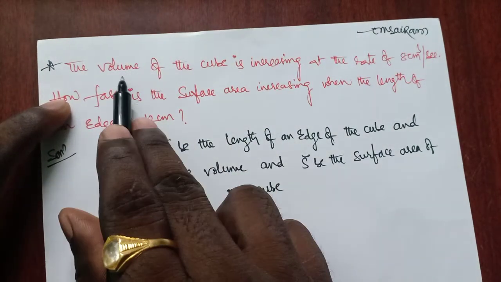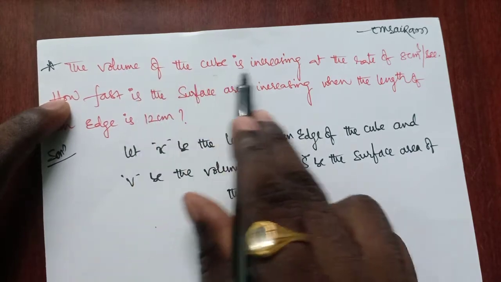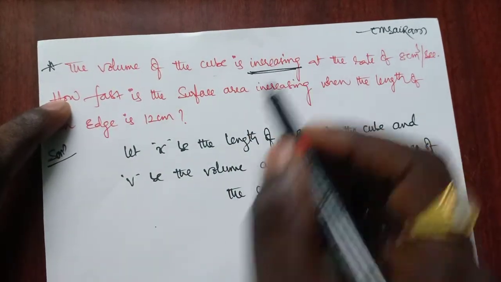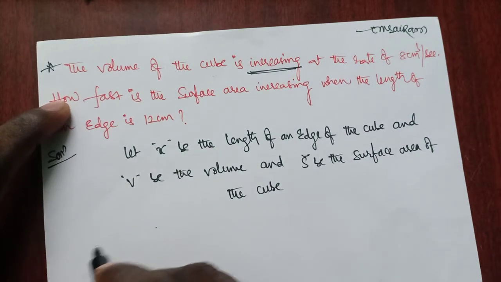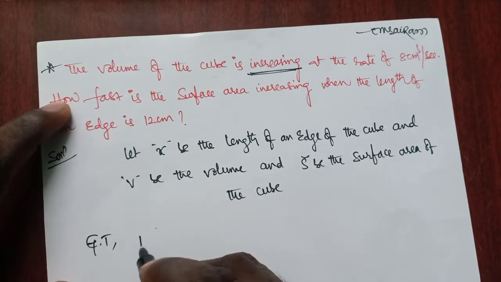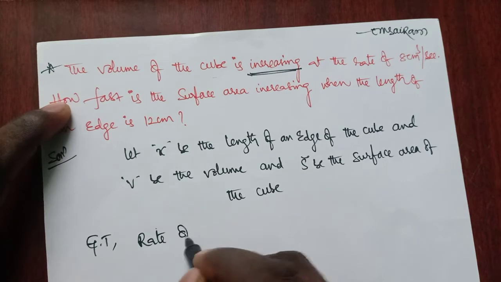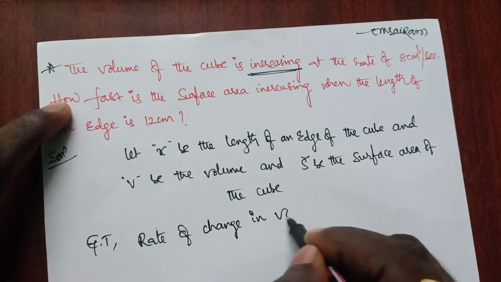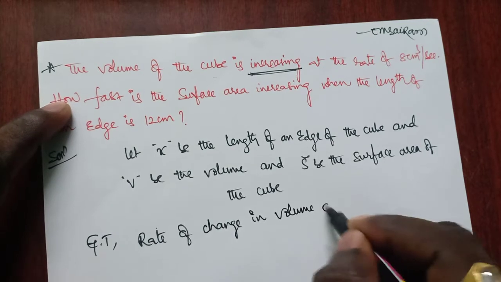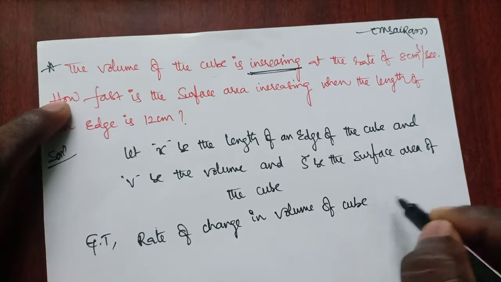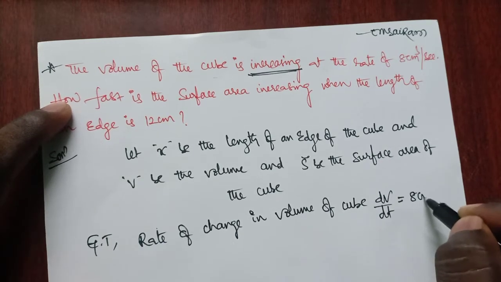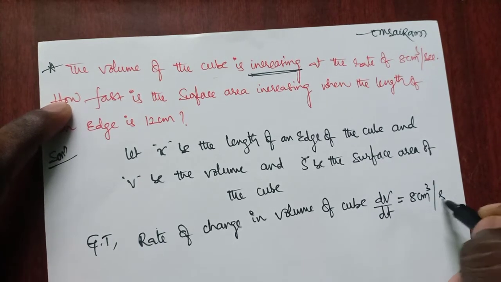Now what has he given? Rate of change in the volume of a cube, which means the volume of the cube is increasing. Increasing means it changes. So given that, the rate of change in volume of the cube, which means dv by dt, is 8 cm³ per second.